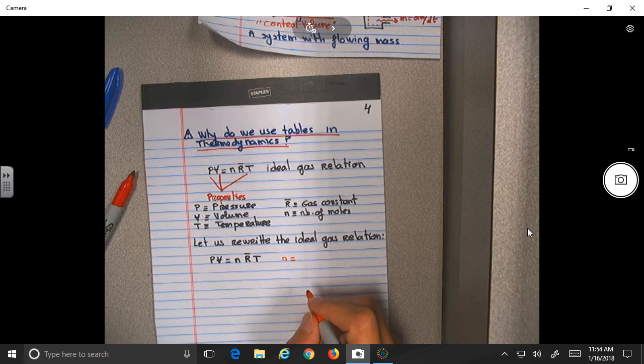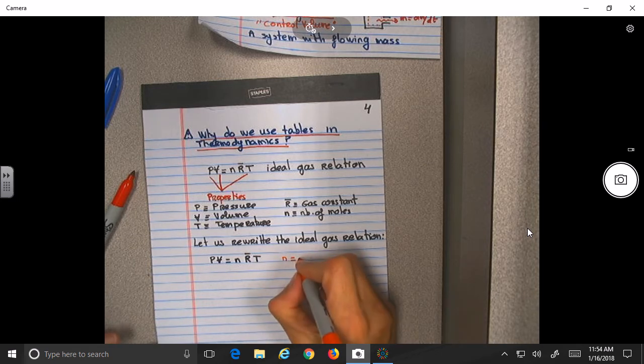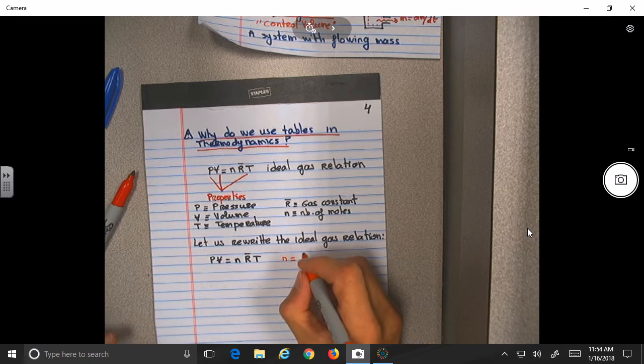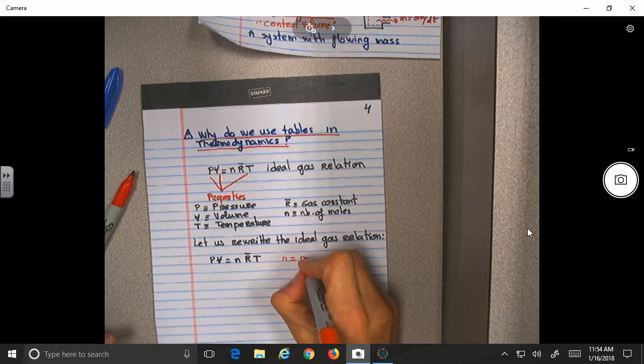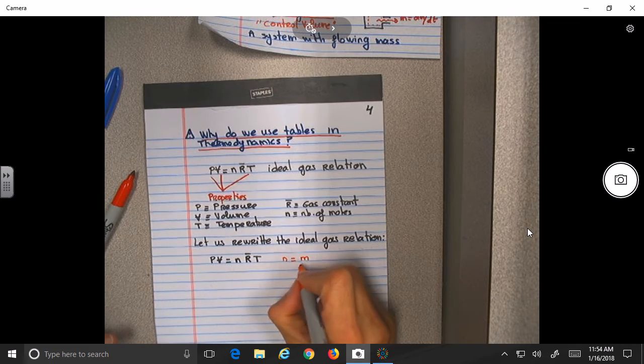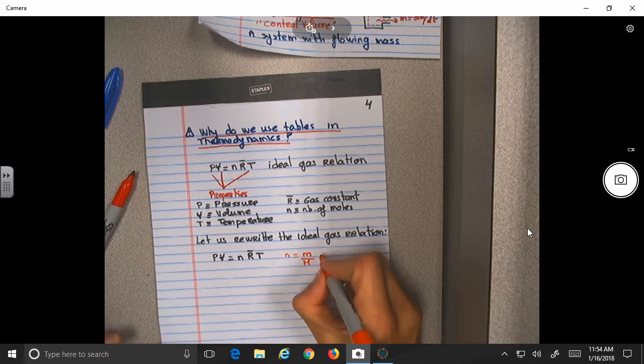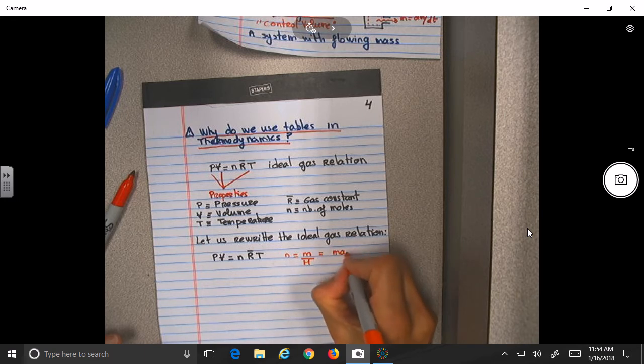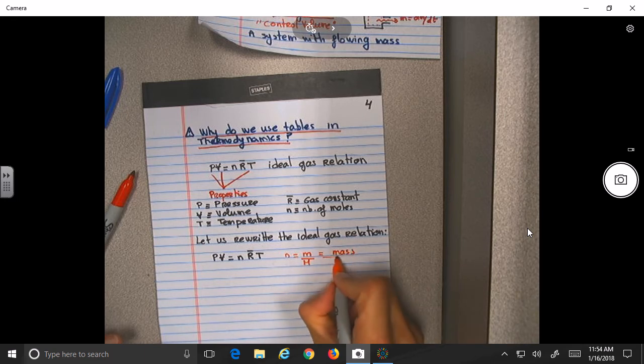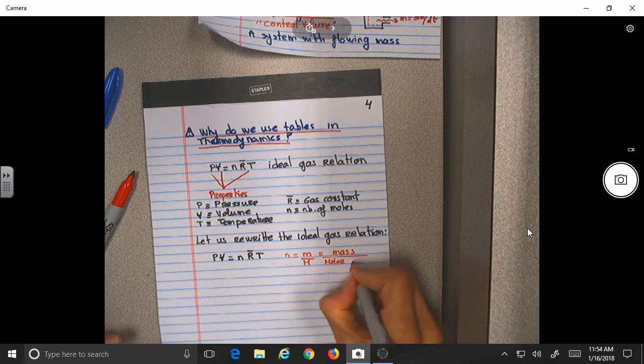How do you find the number of moles? What would be the other way without looking at that relation? Number of moles is the mass divided by the molar mass, no? So mass divided by molar mass.